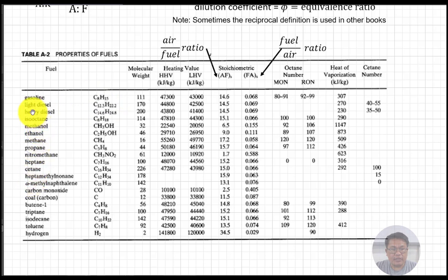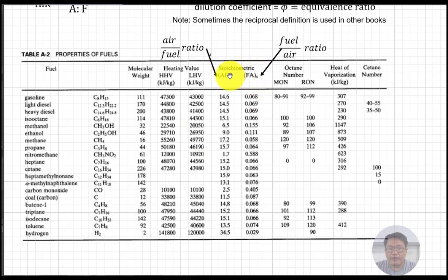We have heavy diesel and light diesel, and the chemical formula will be C12.3H22.2. And we have also the corresponding molecular weight and the heating values of each fuel, both the higher heating value and the lower heating value.